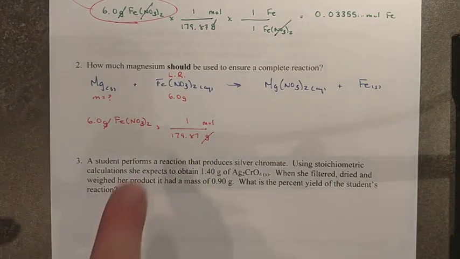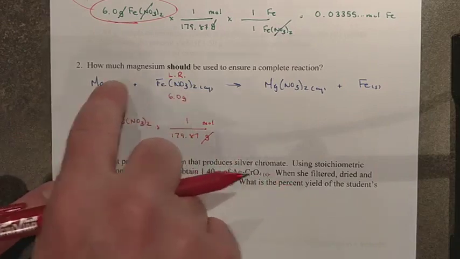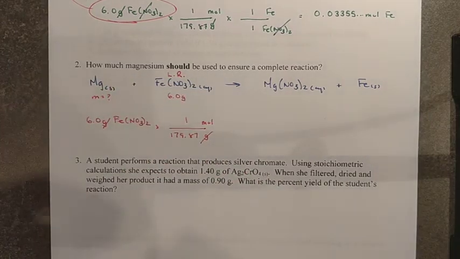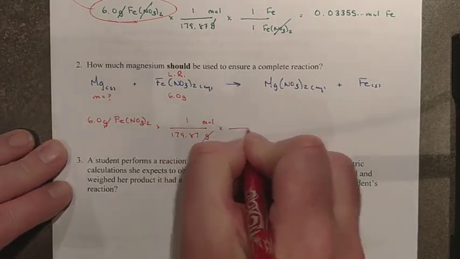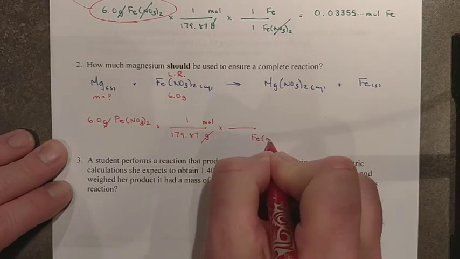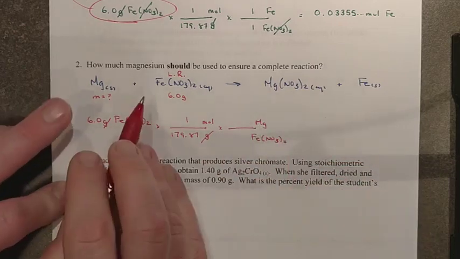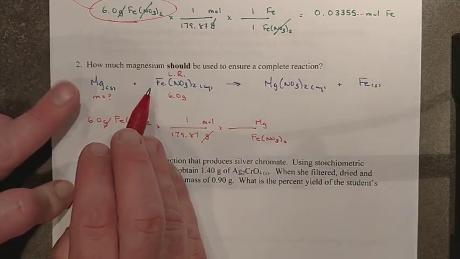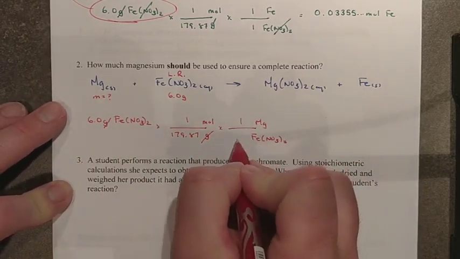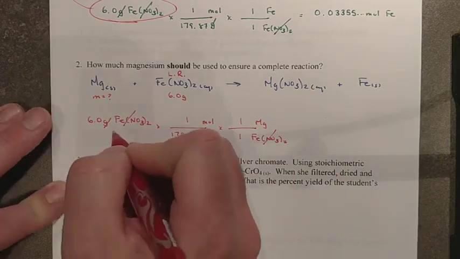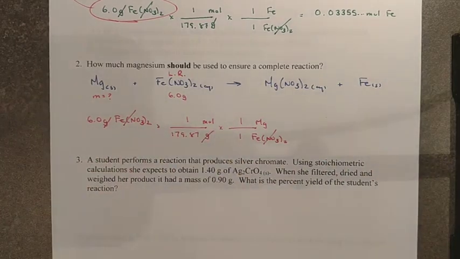I can now redo my stoichiometry, but now I'm doing it between my 2 reactants. So, iron nitrate on the bottom, magnesium up top, and you can see in this one I kept it nice and simple. It's a 1-to-1 mole ratio, but that does get rid of the iron nitrate from the problem, and I now have moles of magnesium.